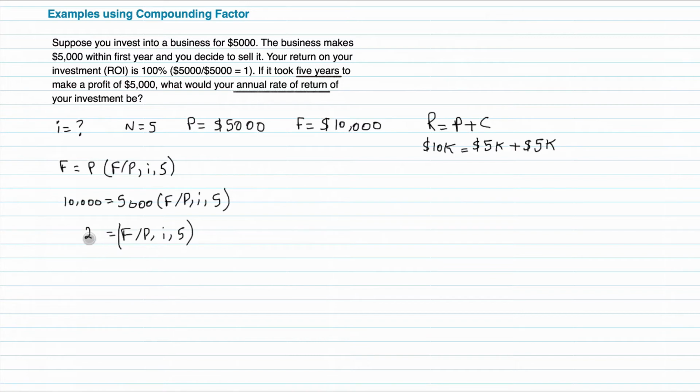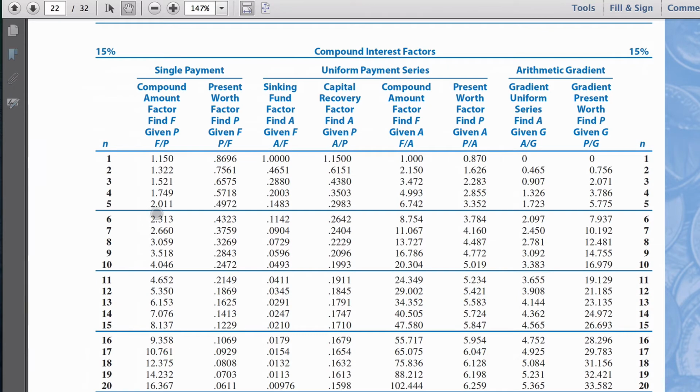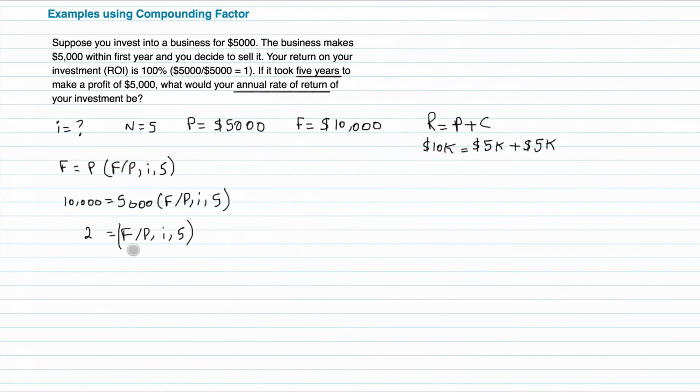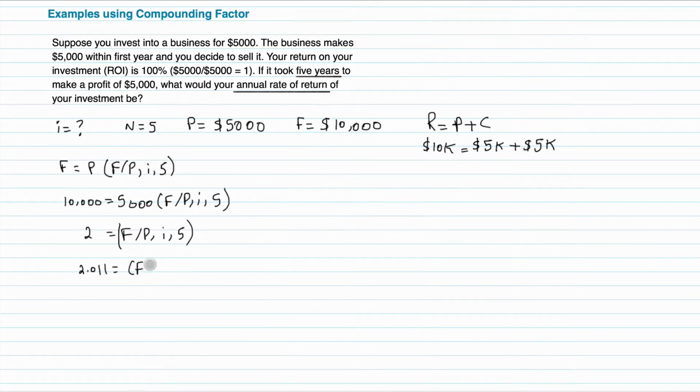We need to find 2, right? So in order to find 2, we take this value, which is 2.011. So 2.011 is equal to F given P, I, 5, 15%.